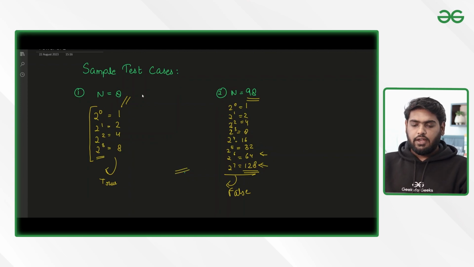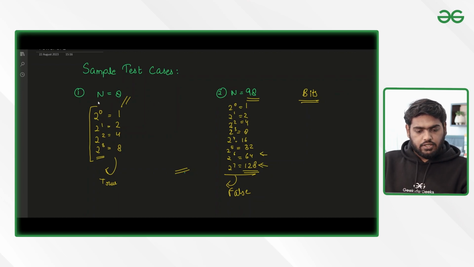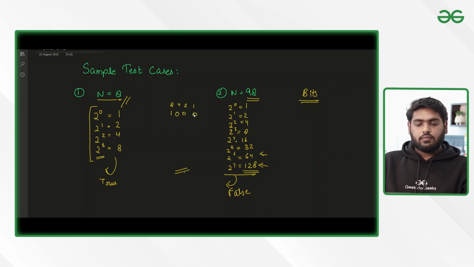What if we try to figure out the bits? Bits do hold some special abilities and properties. Let's try to see our 8 in the form of bits. If I have to represent 8, it'll be like this, correct? This is the representation of 8.